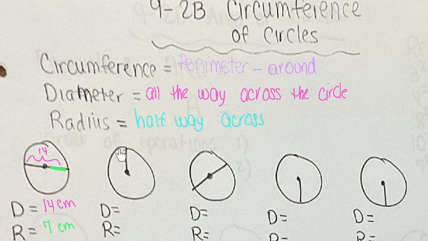Okay, next picture. This guy is only halfway across, so he's going to be a radius. Let's say his radius is 20 inches. You do the math and tell me what would all the way across be. If this piece is 20, how much would the entire diameter be? Well, the whole diameter would be 2 of those, so 40 inches.